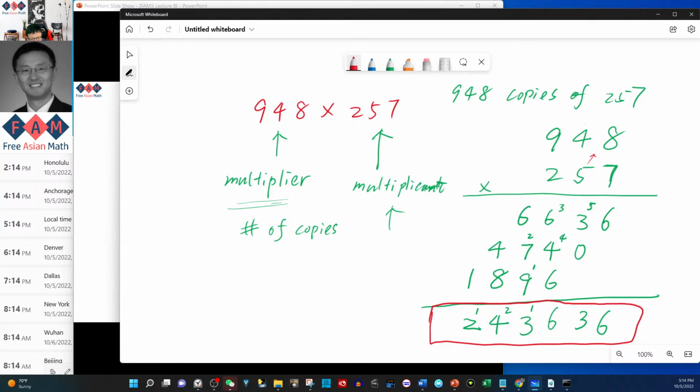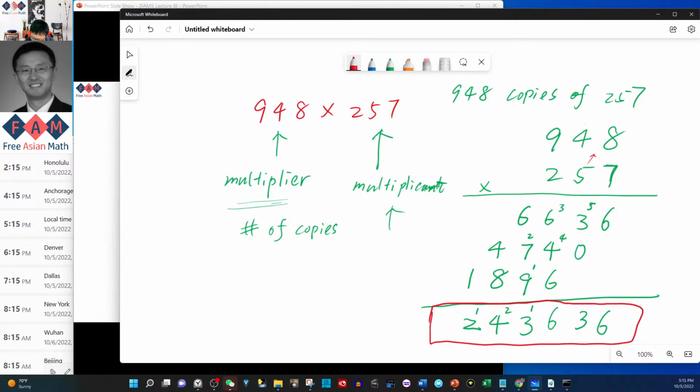This is super fast. Because this is 247 of 43,000 something. A huge number. If you count, you will literally spend a whole day to count this and more. So apparently multiplication is accelerated addition.